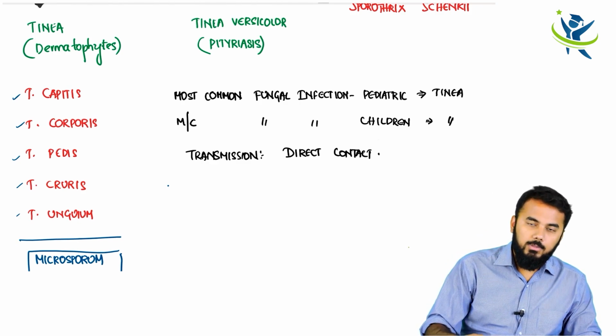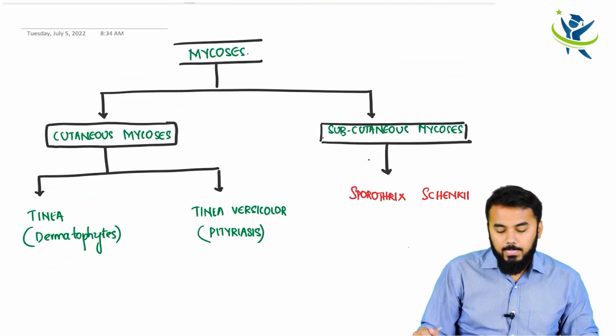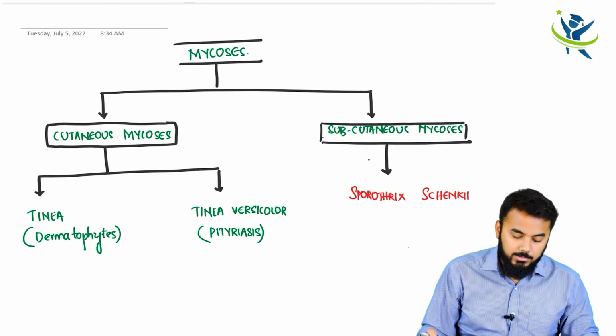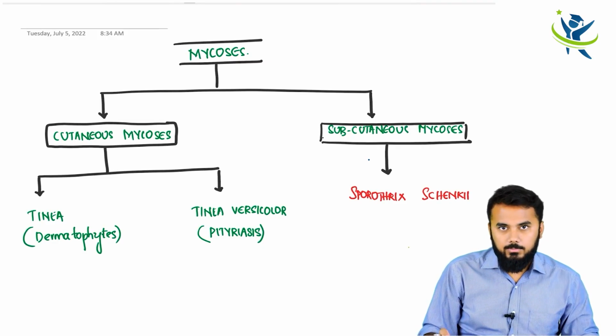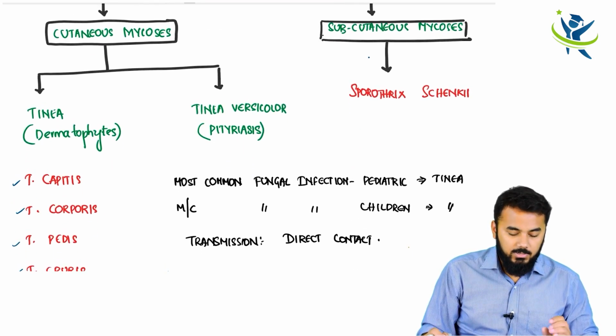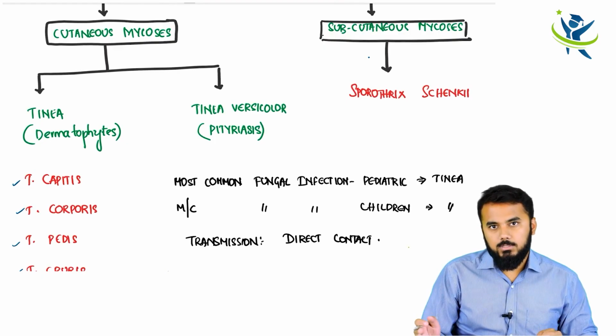So these are some of the important things you need to know regarding mycosis. As I already told you, mycosis is of two types, cutaneous and subcutaneous. Within cutaneous mycosis there are two groups of infections: tinea and tinea versicolor.